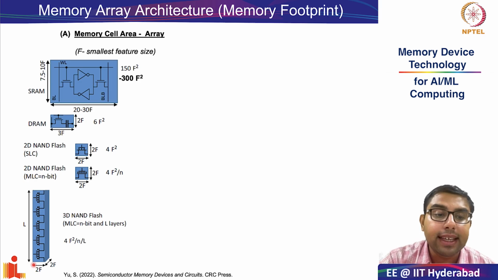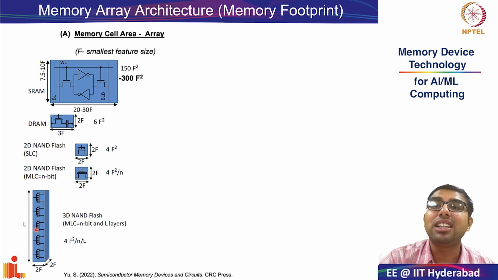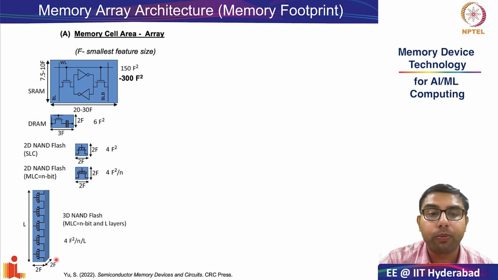Therefore, the bit density further improves to 4F squared, the size of this cell, divided by n, the number of bits stored in each cell, divided by L, because now you are stacking L such cells within 4F squared areal density.